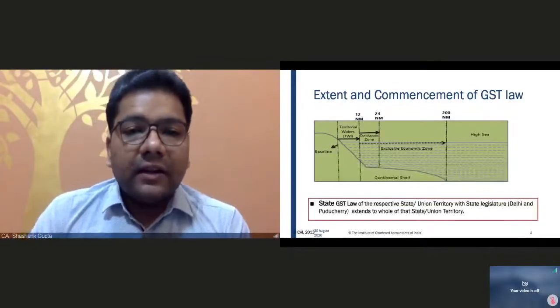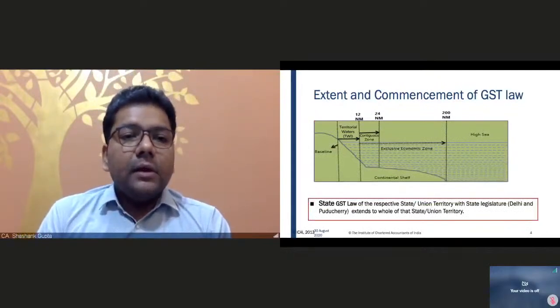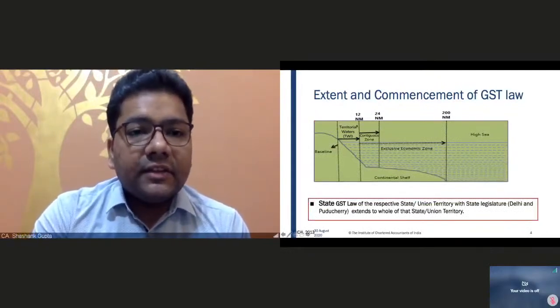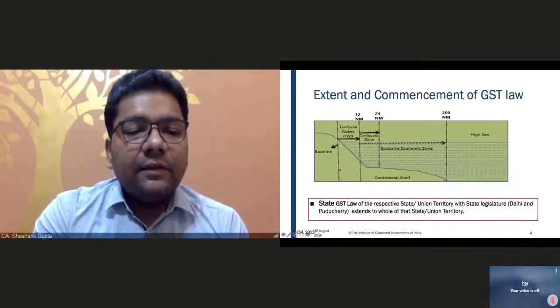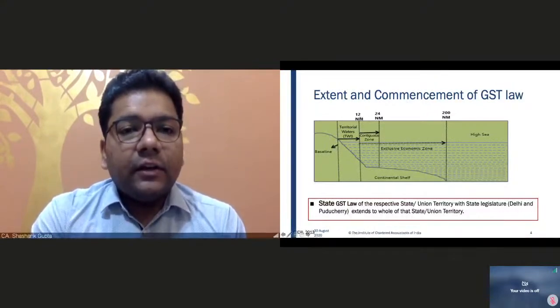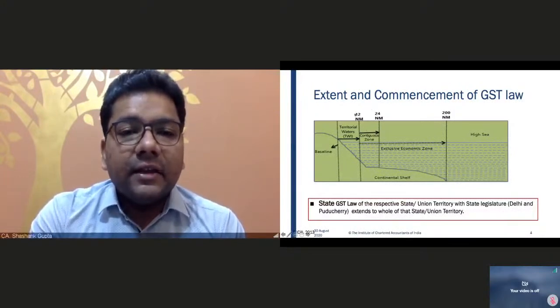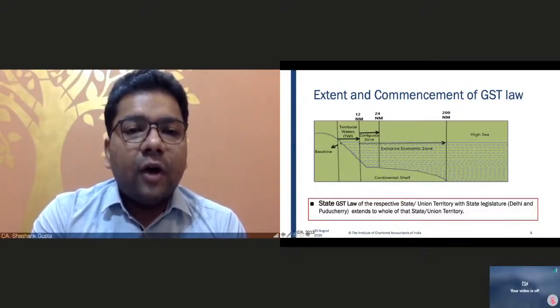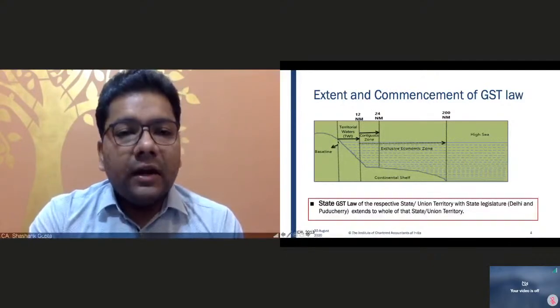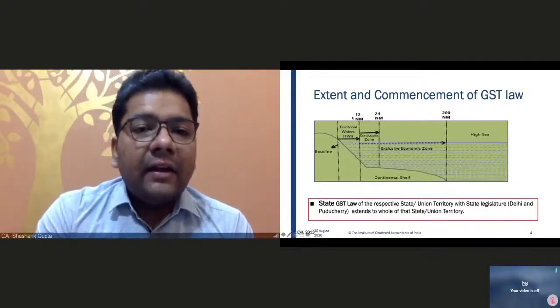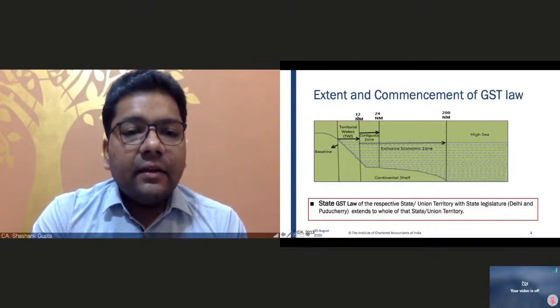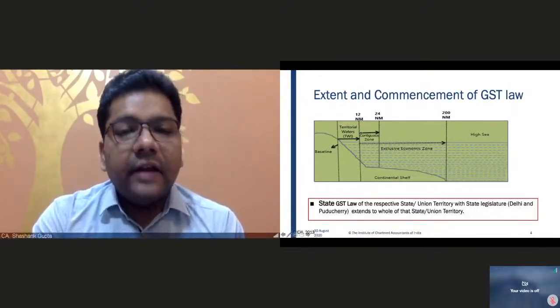So what is that limitation? Limitation is, friends, do you see this is the baseline? Suppose this is the beach in Chennai where I am standing at the tip. From here, till 12 nautical miles. What is 12 nautical miles? Nautical miles is the measurement of miles in oceans, and from the land baseline till 12 nautical miles is what is referred to as the territorial waters of India.